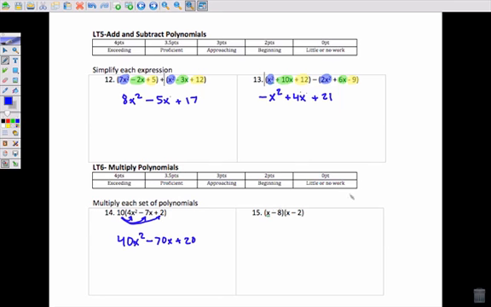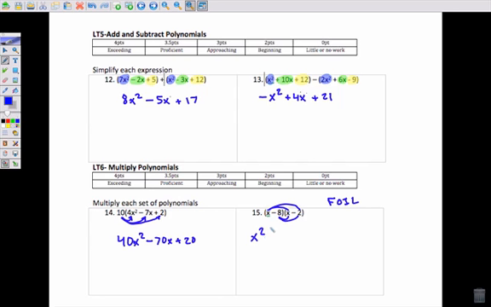On number 15, this is where you could either use FOIL or distributive property twice. The first part, x times x, is x squared. Okay, that was a mistake that some people made. X times x is x squared, not 2x.